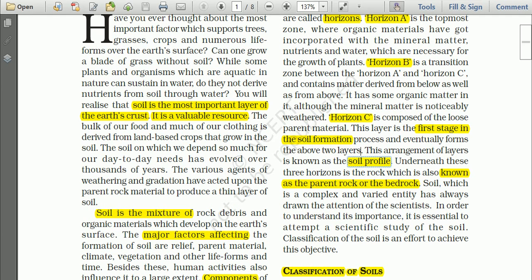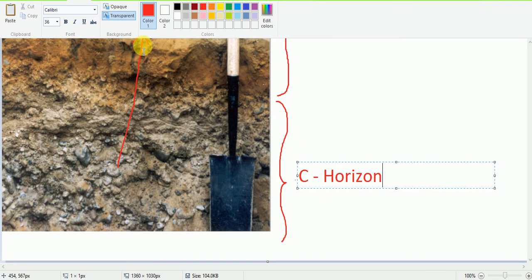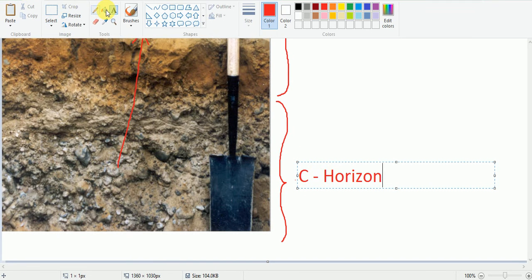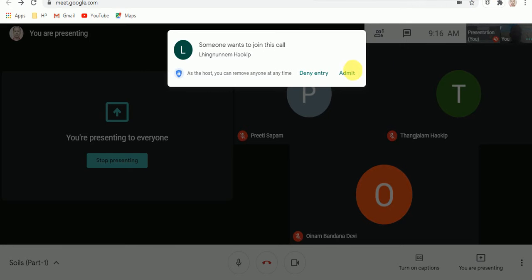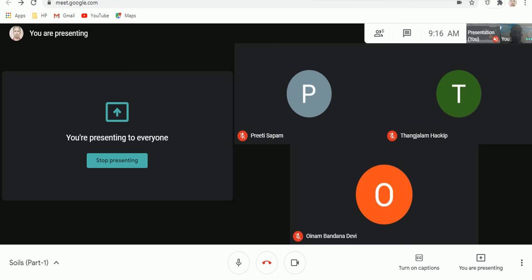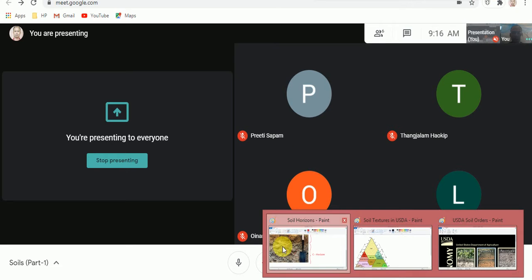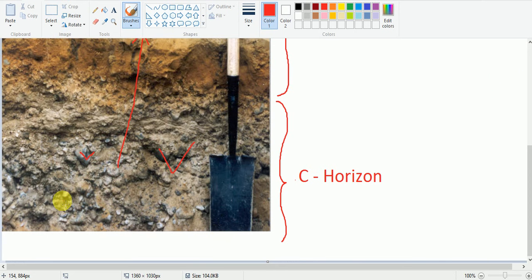This arrangement of layers is known as soil profile. As you are seeing here, this layer is known as C horizon, containing these loose parent rock materials, rock fragments.